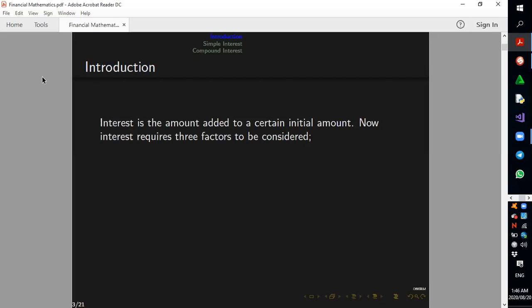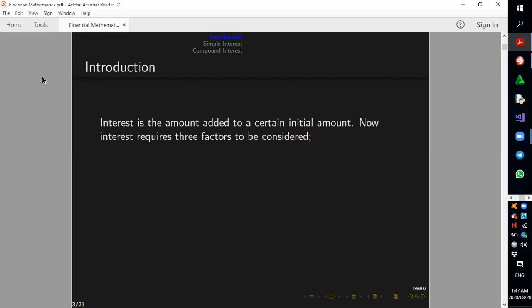So the bank will obviously pay you for your contribution, or for lending their money to them at that point in time. That amount that they add to your initial 10,000 rand, that is what we call an interest.